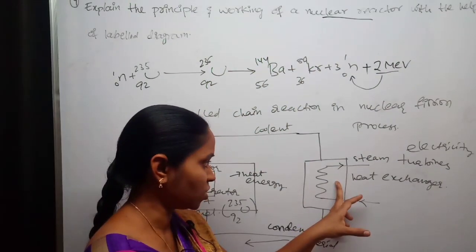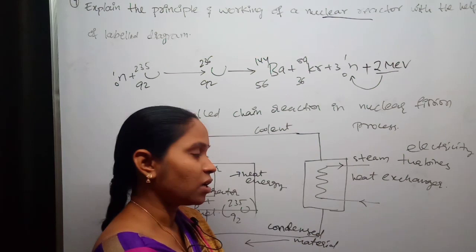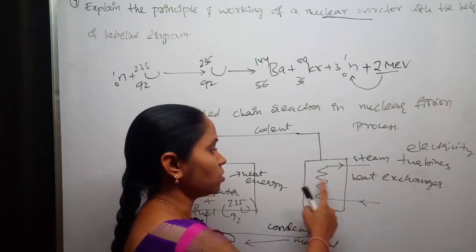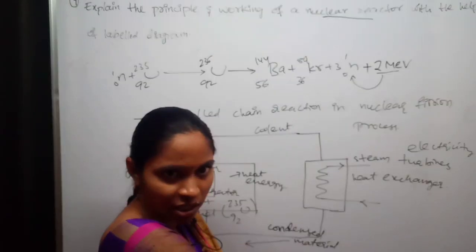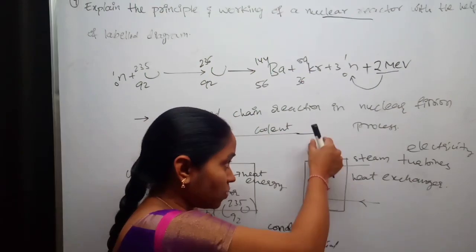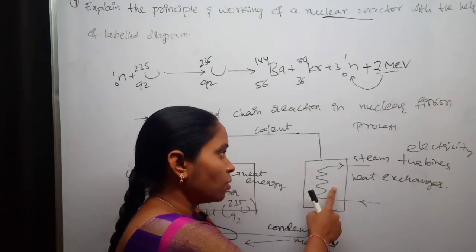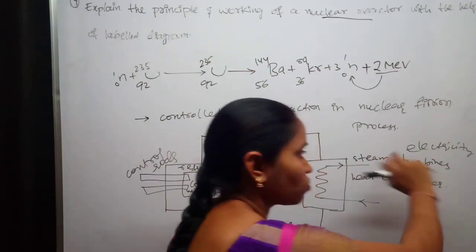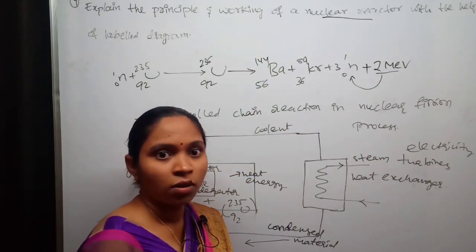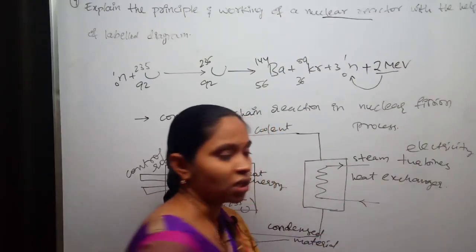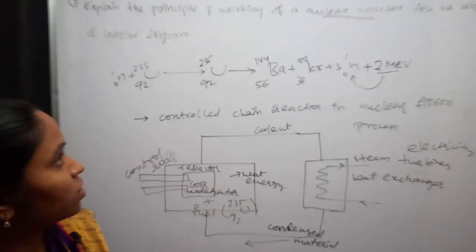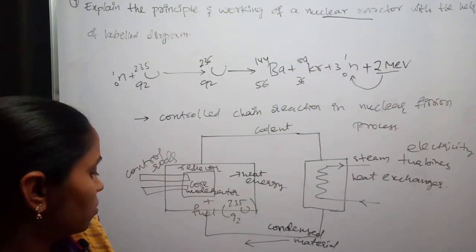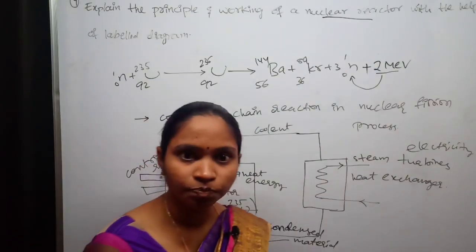In this heat exchanger, the condensed water is circulated, and because of this heat, this water will be converted into steam, and this steam is allowed to pass through the turbines where the electricity is generated. This is the working of nuclear reactor.